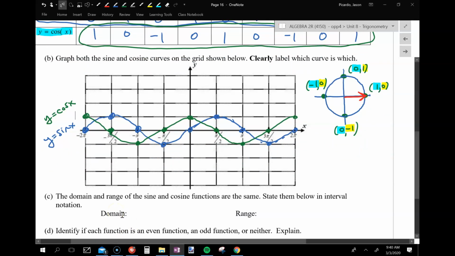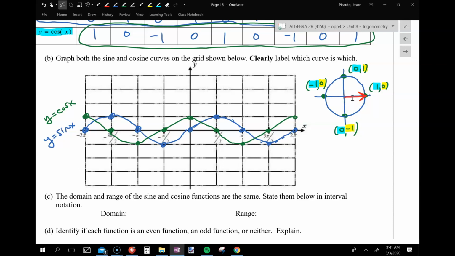Now, guys, really quickly, check this out. I asked you to give me cosine of 0, and then cosine of 90, cosine of 180, cosine of 270, cosine of 360, right? Could I have kept going and asking for more? Could I have said, give me cosine of 450 and cosine of 530 and cosine of 620?